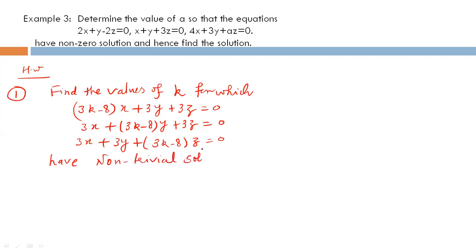A similar problem I have solved. We will get k equal to 2 by 3, 11 by 3, 11 by 3. Question number 2 I am giving you.